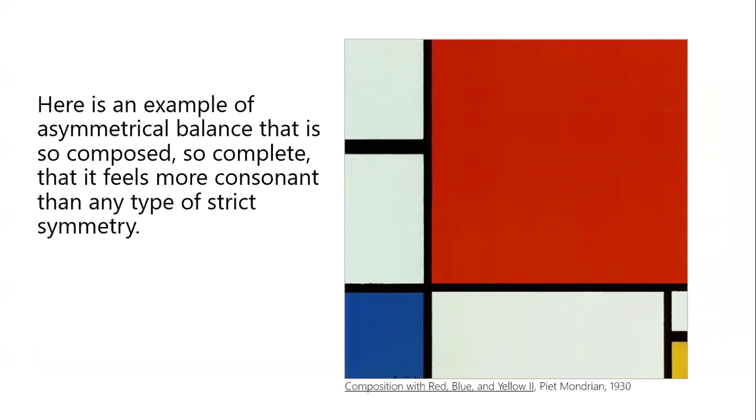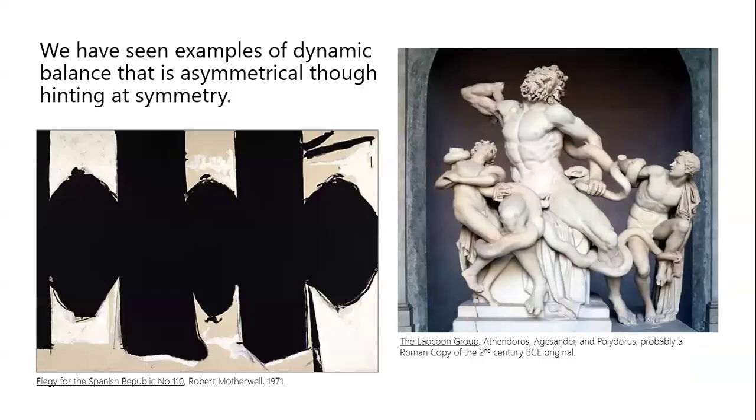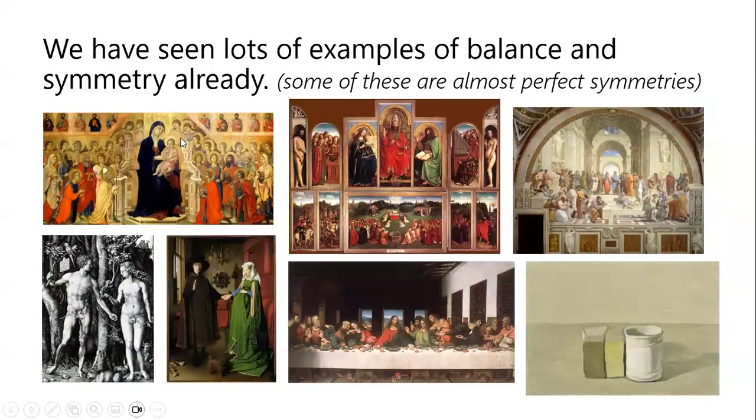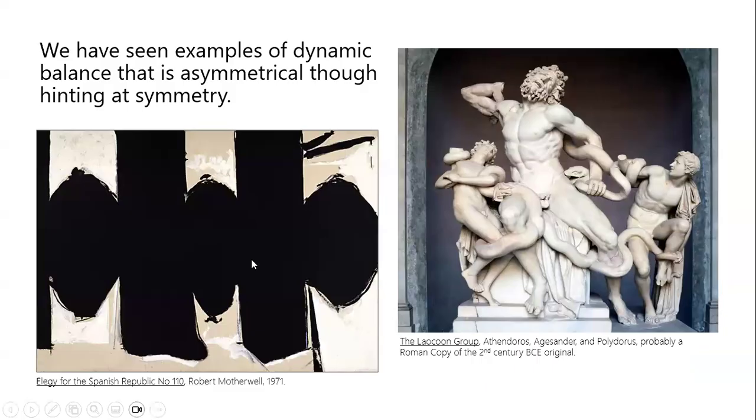Whereas here we have an asymmetrical balance that is completely not related to symmetry, except if you think of this symmetry, like when we think of axial symmetry, we tend to almost always think of the axis being straight vertical down the middle of a work of art, but it doesn't have to be.